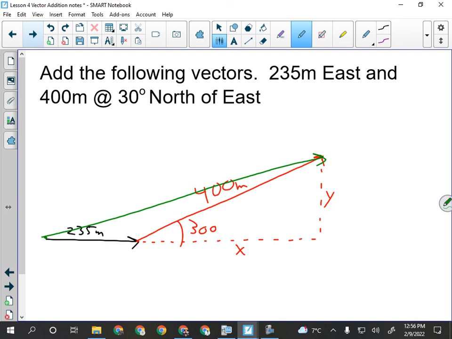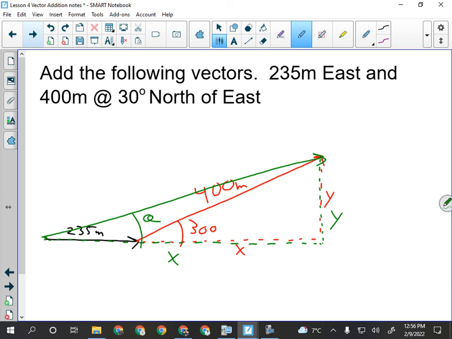Now, I can draw the triangle for this way, and it'll overlap everything, or I can draw it over here, doesn't really matter. I'm actually going to overlap everything on this one, just because I think it's clearer as to where I get my numbers from if I draw it that way. So there would be a green X, green Y, that angle.